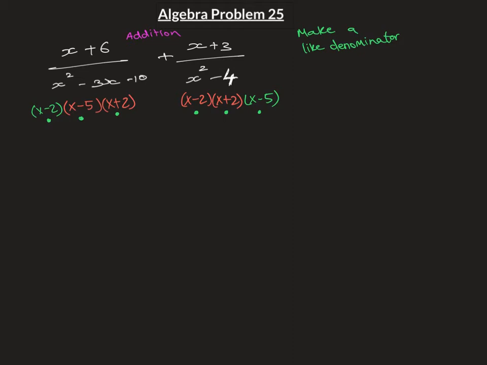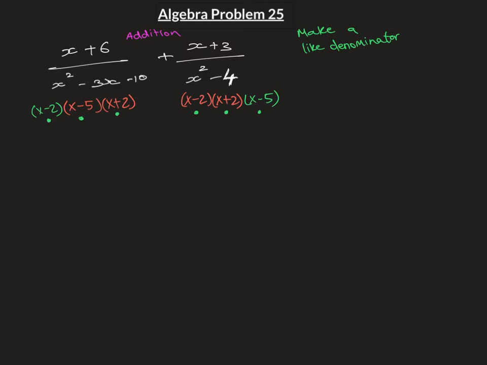Now, there's one catch. You can't simply add stuff to the denominator, because if you only add things to the denominator, the fraction would be completely changed. That's why I put it in a different color, because it shows which segment we added to a certain fraction. So on the left fraction, we added x minus 2.